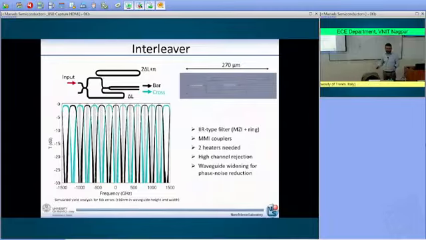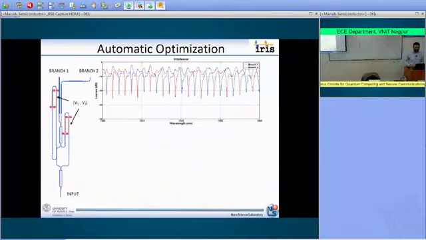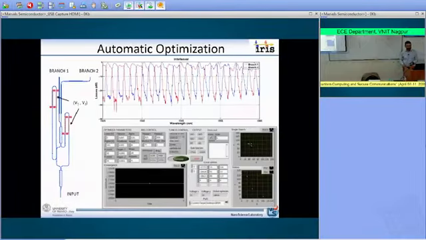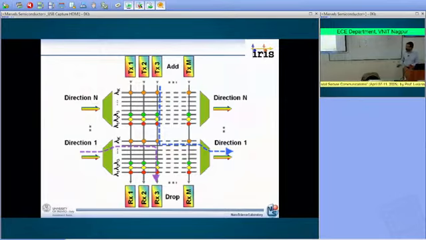Okay? And it is performing quite well. Those are experimental measurements, and you see that the input losses are only 1 dB or less than 1 dB. So then you have achieved this function. And then let's go to the next function.